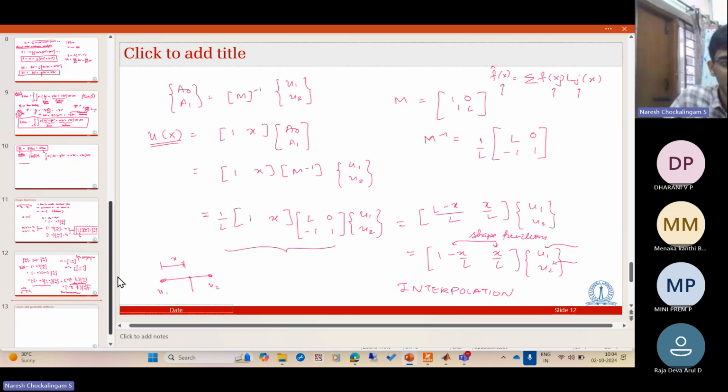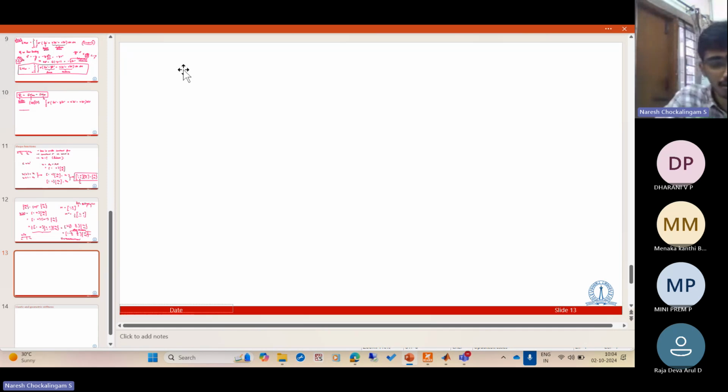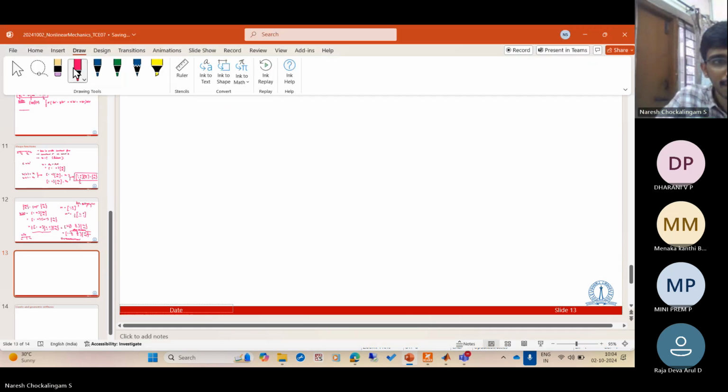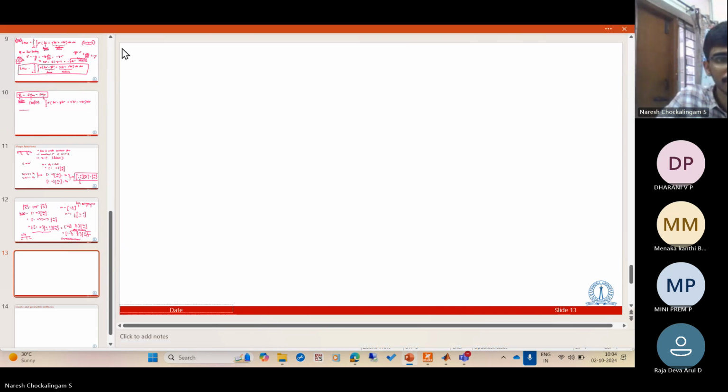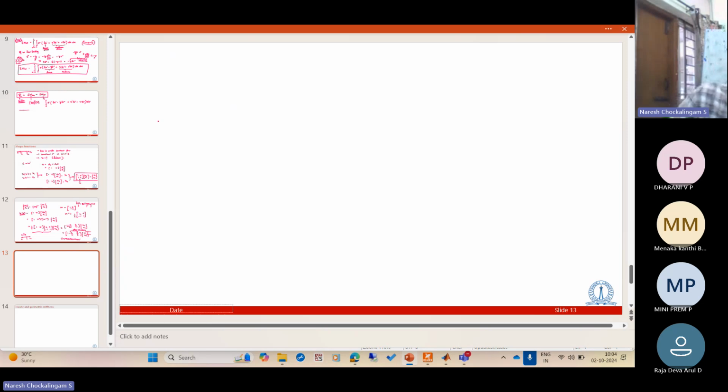But just recall how we obtained the shape functions. You might have come across the shape functions in a different format. What we did was we started off with an expression 1, x times a0, a1.